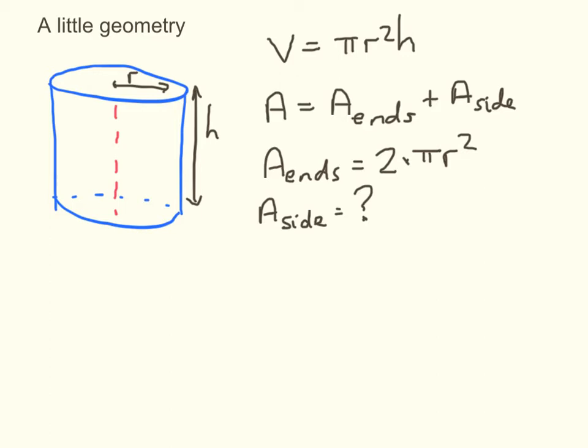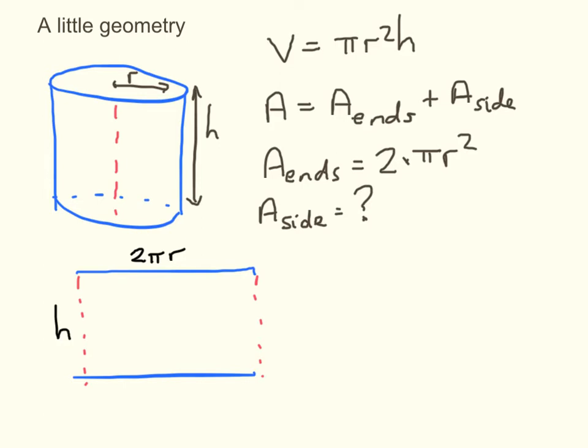So this distance is the height h, and this distance along the top is the circumference of the circle that forms the top or bottom of the cylinder, and that circumference is 2 pi r.